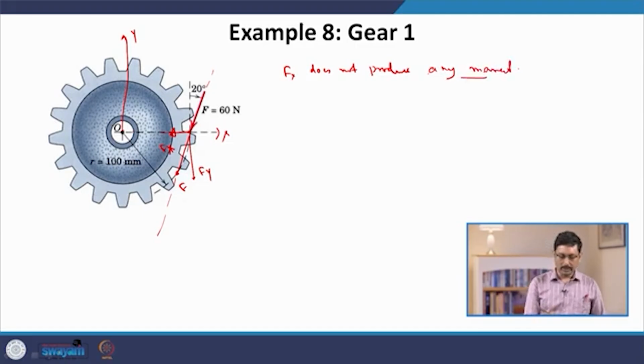All the moment is actually coming from the y component, and the distance between the line of action of the y component and the pivot point O is very simple. This is just the radius of this wheel.